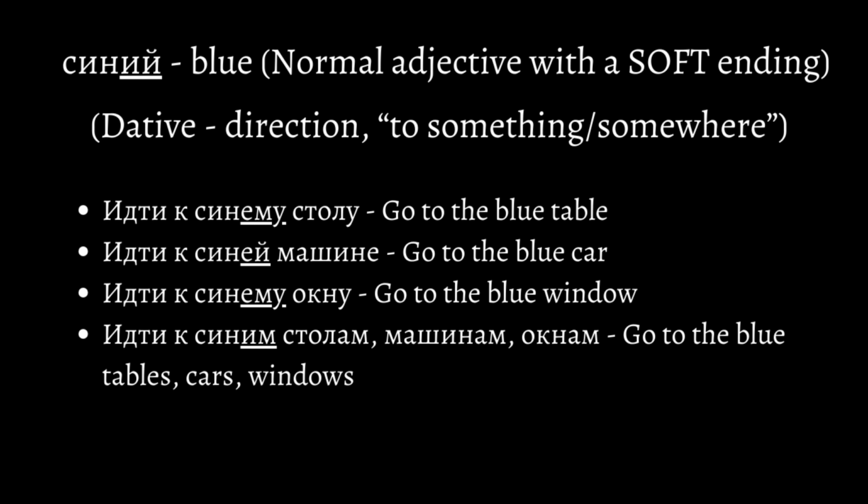Here we have синий in the dative. Идти к синему столу, идти к синей машине, идти к синему окну, and идти к синим столам, машинам, окнам. The endings perfectly match the adjectives and nouns because they're all in the dative.